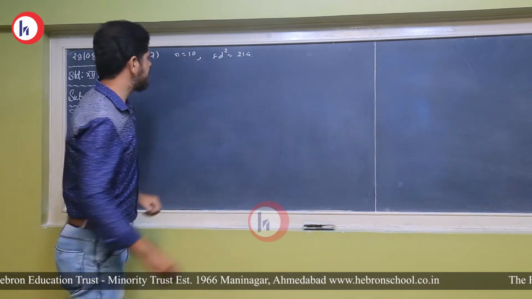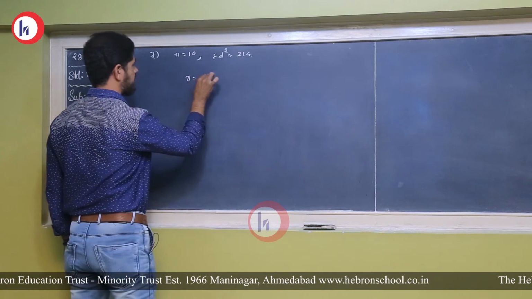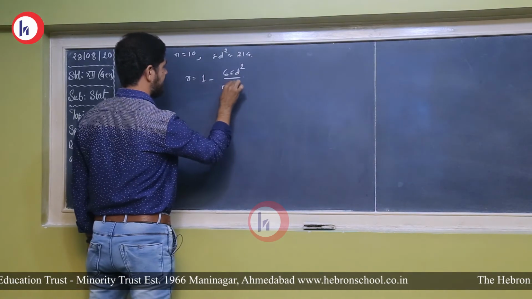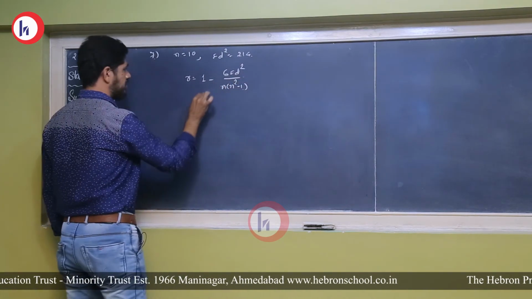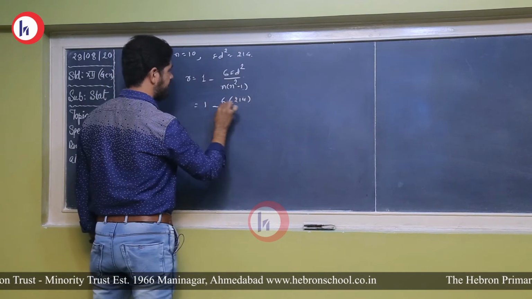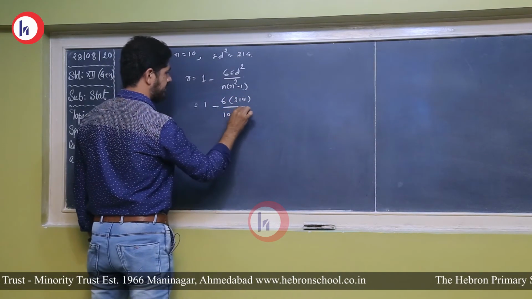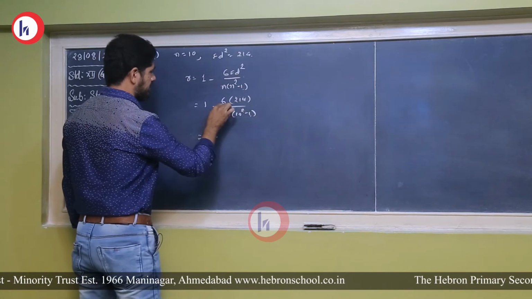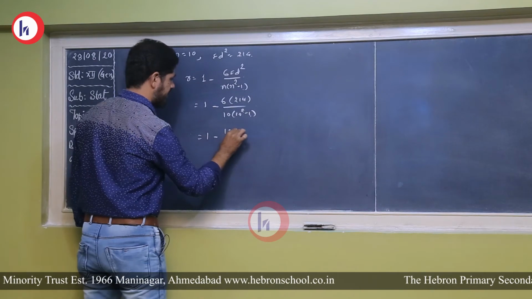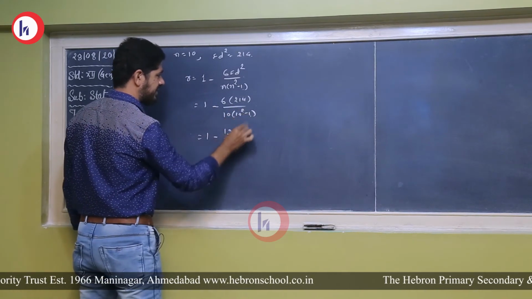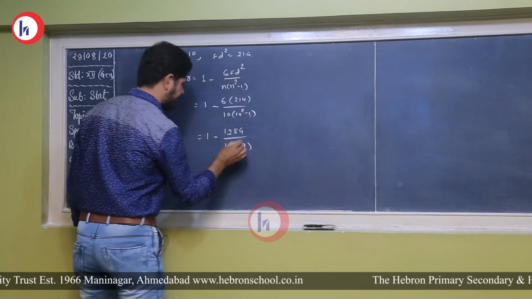Find the rank correlation. The formula of rank correlation: 1 minus 6 sigma d square upon n square minus 1. So 1 minus 6 sigma d square, that's 214, upon 10 square minus 1. So 1 minus 1284 divided by 10 square, which is 100 minus 1, 99.